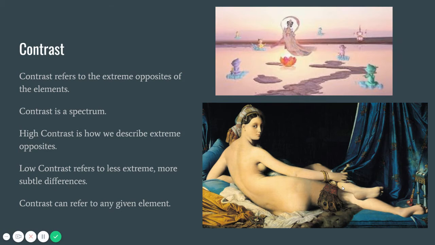If you have 14 circles and one triangle, then you have contrasting shapes. Okay, so contrast can refer to a lot of things. It can also refer to the light, the lightness and the darkness, the value. We talked about the value was a spectrum, right? So if you took out all those grays and just kind of worked with extreme whites and blacks, then you have high contrast. So here are two examples.